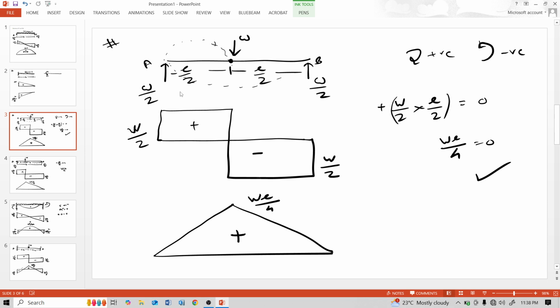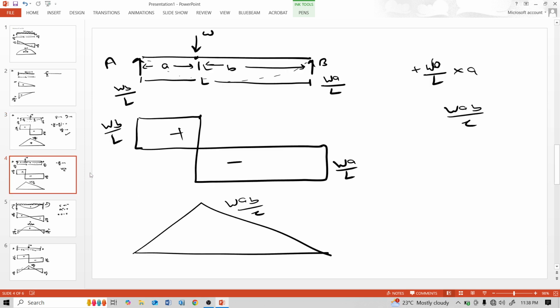Simply supported beam with point load at center, maximum shear force is W by 2, maximum moment is WL by 4. Simply supported beam with point load W acting at a distance small a, maximum shear force is Wb by L and maximum bending moment is Wab by L.